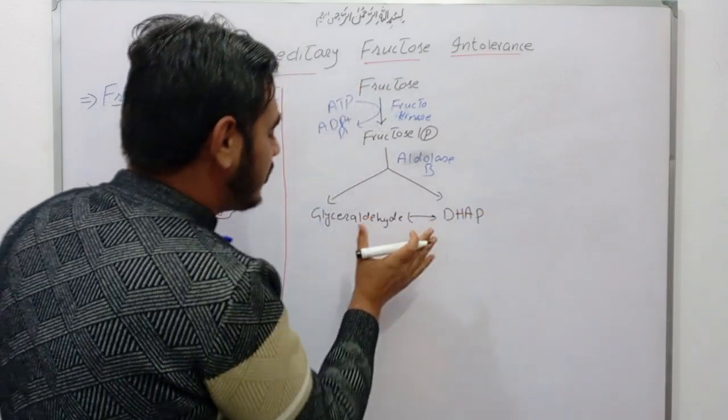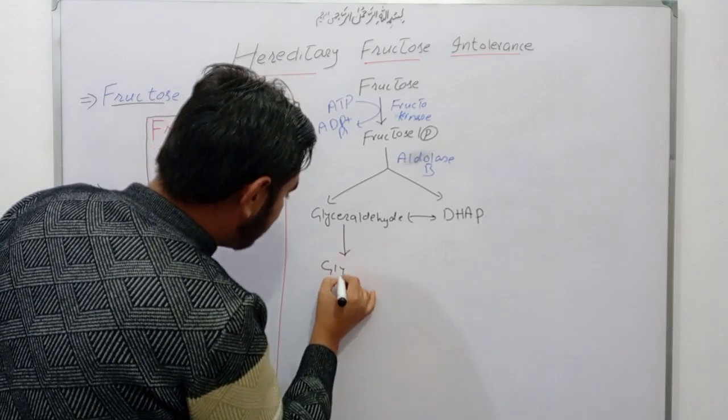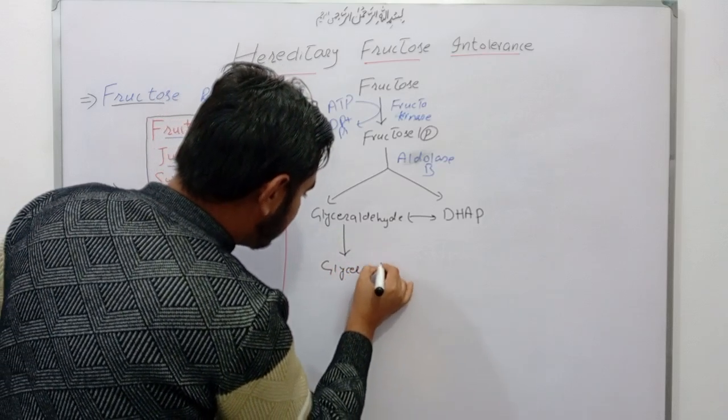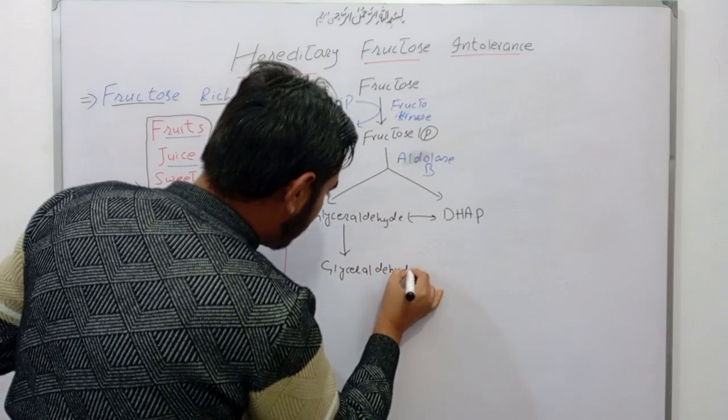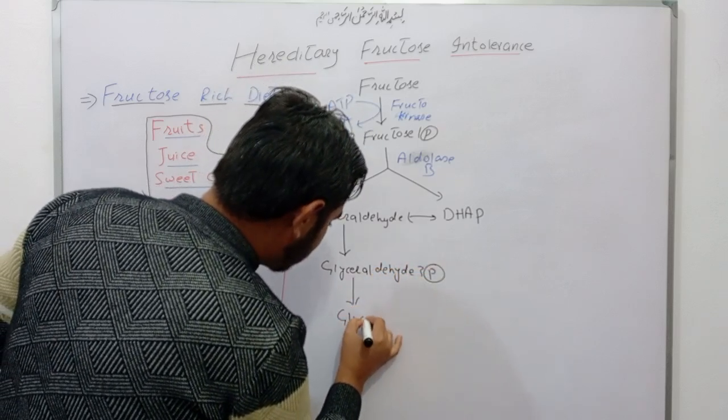These both are interconvertible. This glyceraldehyde in the next reaction converts into glyceraldehyde 3-phosphate, which ultimately leads to the glycolysis process.